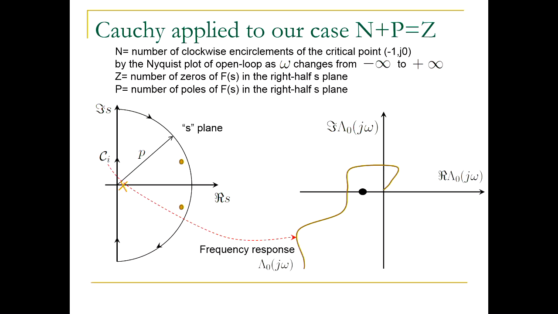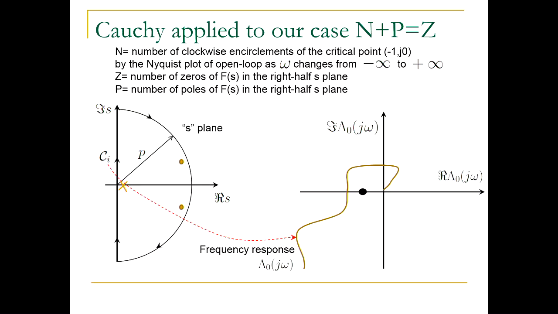Now, if I assume that I know P, the number of unstable open loop poles, I would count N because I plot the frequency response of lambda 0, and then I count the number of encirclements. If I know my frequency response, or Nyquist plot of lambda 0, I can count the number of encirclements of -1 + j0. And then that sum, N plus P, gives me Z. And Z is the number of zeros of f of s in the right half plane.